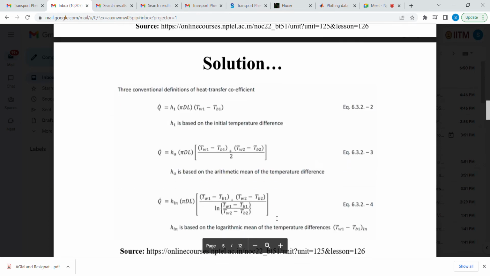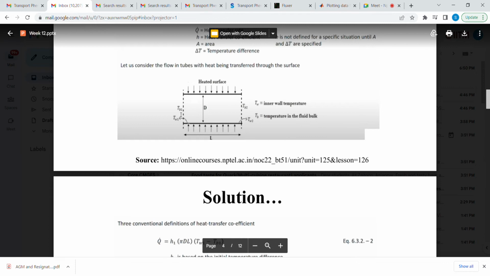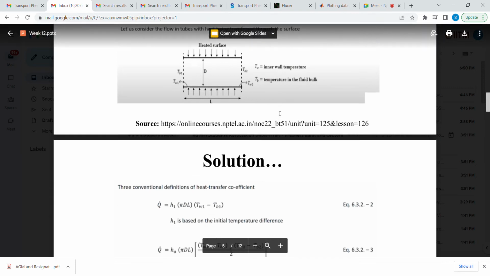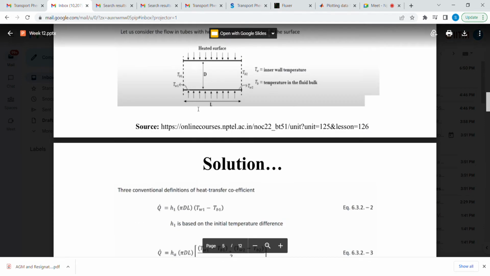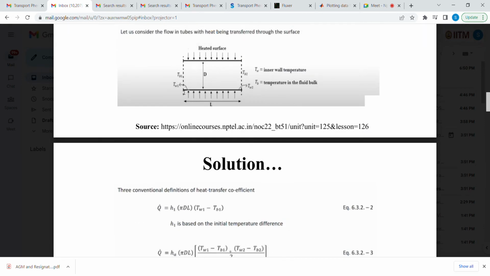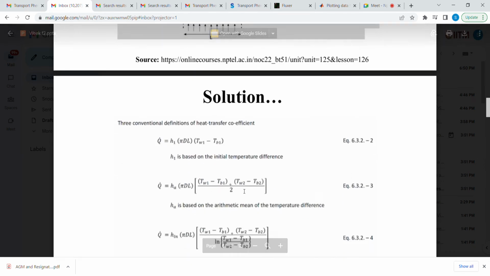However, that may not be the right way to look at it, because heat transfer occurs across this section of the tube, and there are two other definitions for heat transfer. One is based on the arithmetic mean of the temperature difference between the wall and the bulk temperature, TW1 minus TB1 plus TW2 minus TB2, divided by 2.